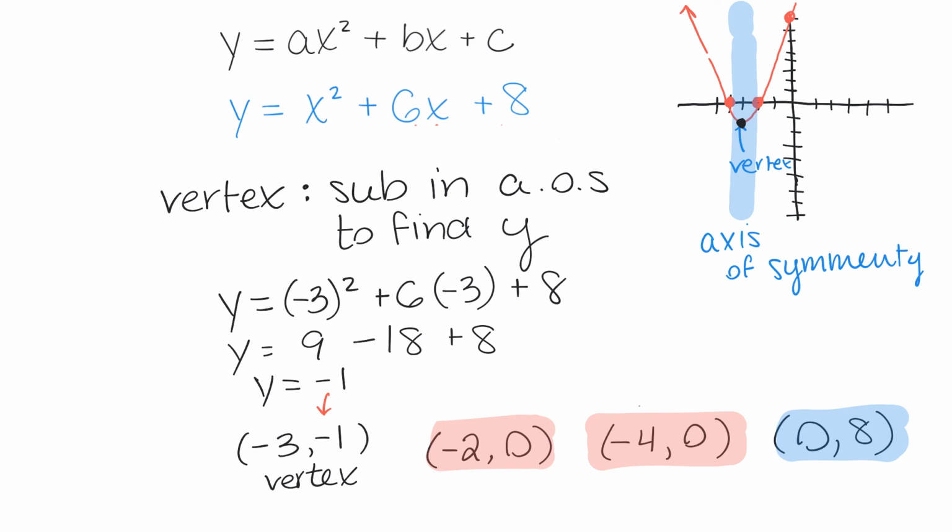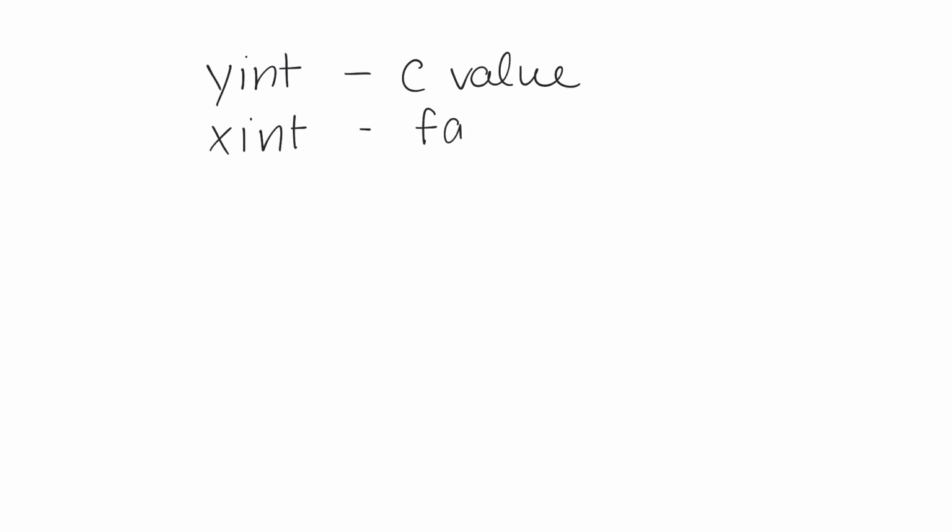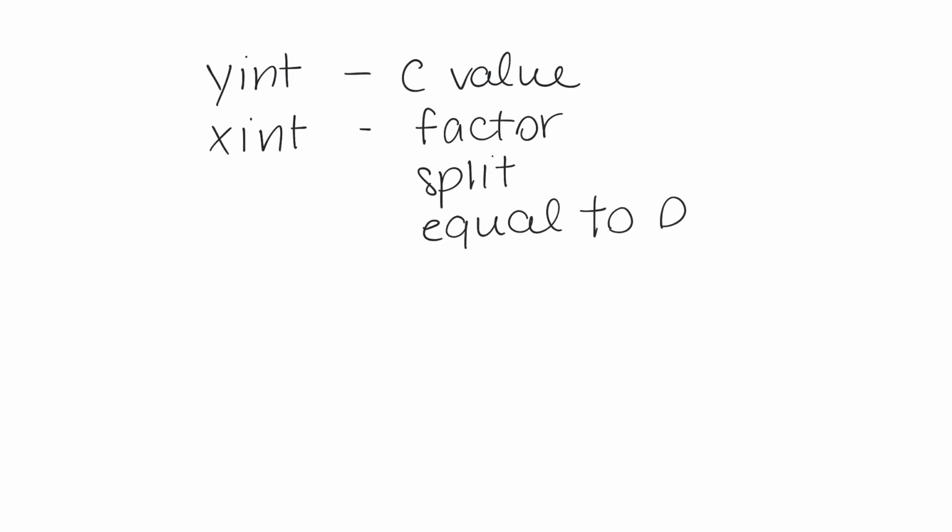Okay, so these are the steps we take every single time. Let me run this by you one more time. You always find your y-intercept by using the c value. You find your x-intercepts next: you're going to factor, split, make it equal to 0, and solve for x.